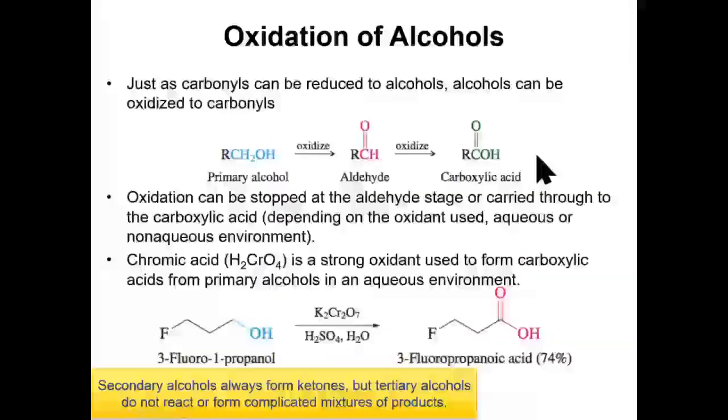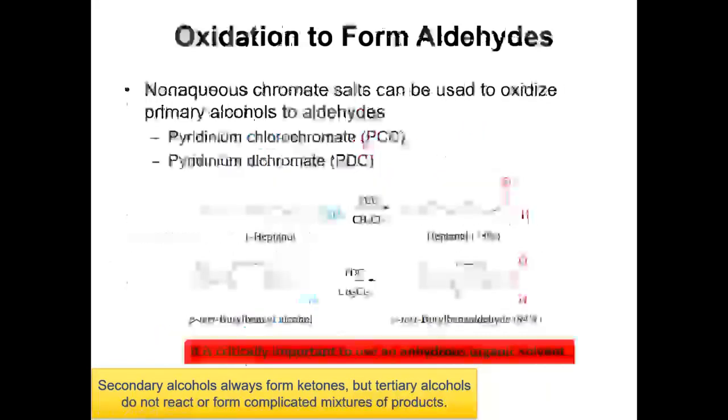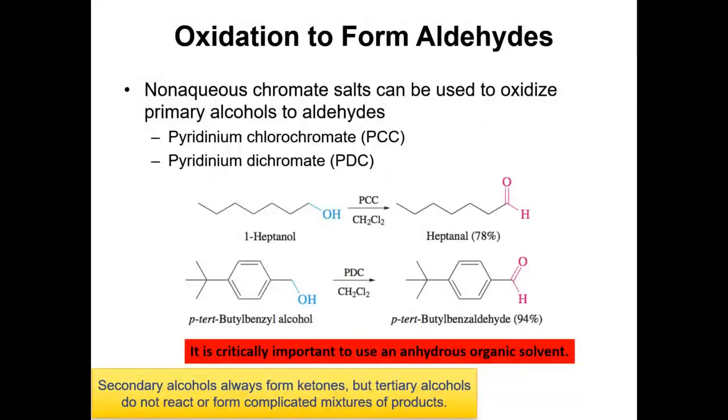In chromic acid, chromium has an oxidation number of 6, one of the highest oxidation numbers you can have on chromium. That's why chromic acid is highly oxidative. But generally chromic acid is not soluble in organic solvent.